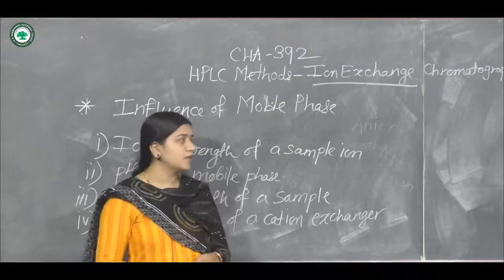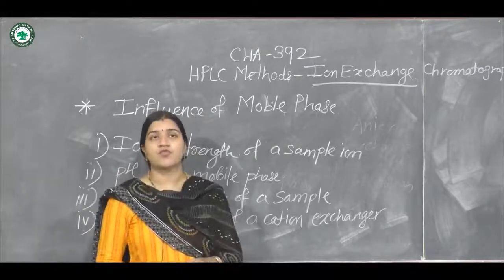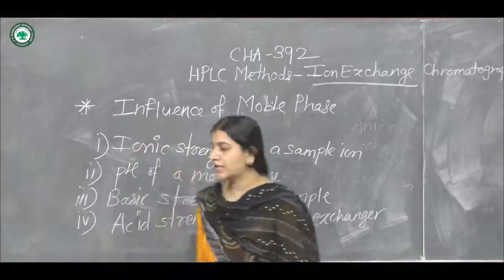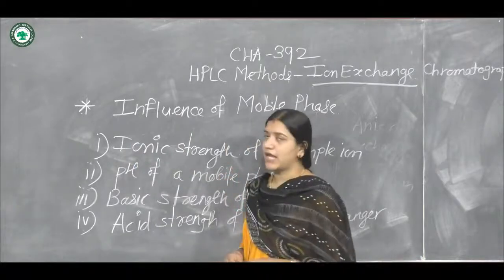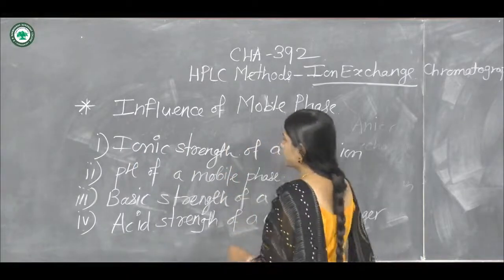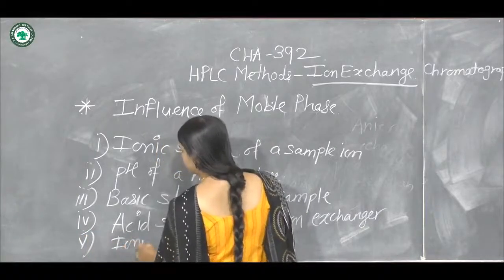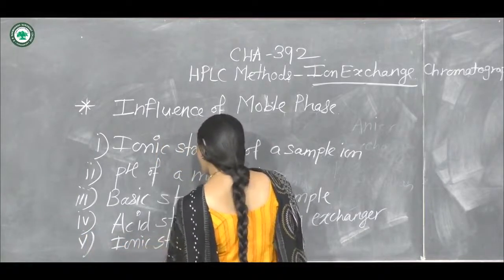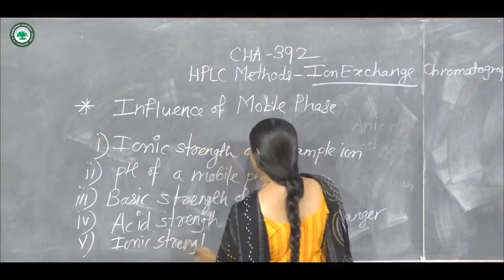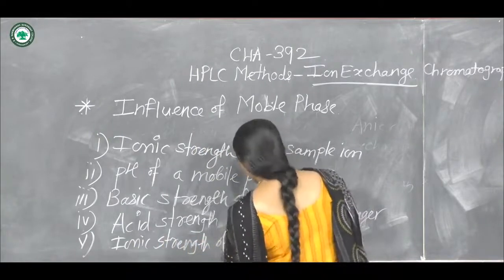So what conclusions can be drawn from this? If you compare the ionic strength of a sample ion, one more important thing is that at the same time you have to consider the ionic strength of a counter ion.